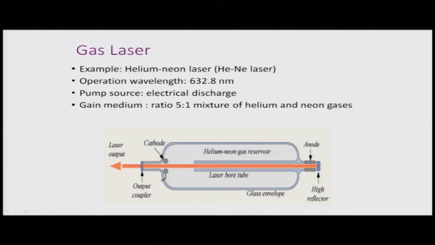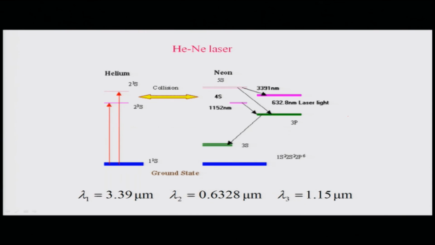The first gas laser was a helium neon laser operating in the near infrared at 1152.27 nanometers. Typically, the ones that we use nowadays are in the visible region at 632.8 nanometers. So, electric discharge is used, and the gain medium is a 5:1 mixture of helium and neon gases. The helium is excited and passes its energy on to the neon gas, which is our active laser medium in this particular case.